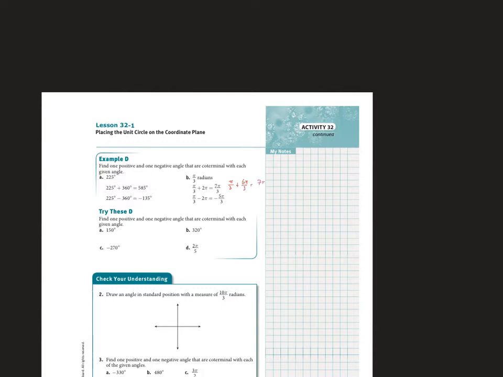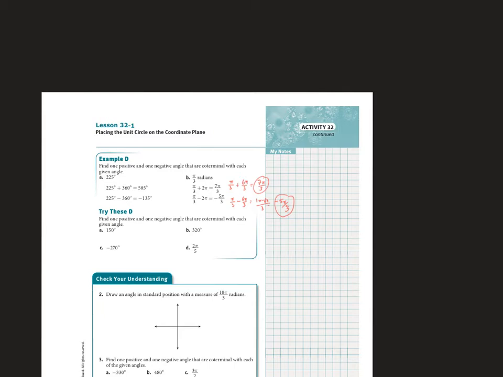So that's where that 7 pi over 3 comes from. And again, 1 pi over 3 minus 6 pi over 3: 1 minus 6 pi over 3 becomes negative 5 pi over 3. So sometimes think of those fractions separately from the pi, and then they're a little bit easier to combine.